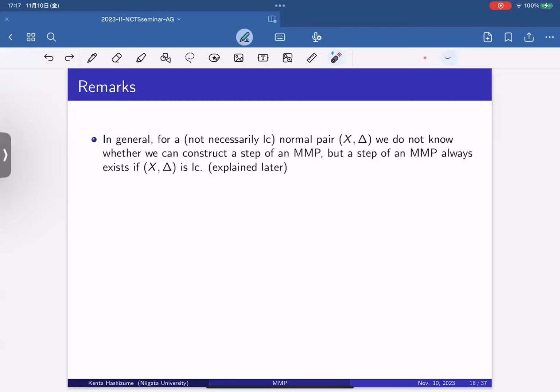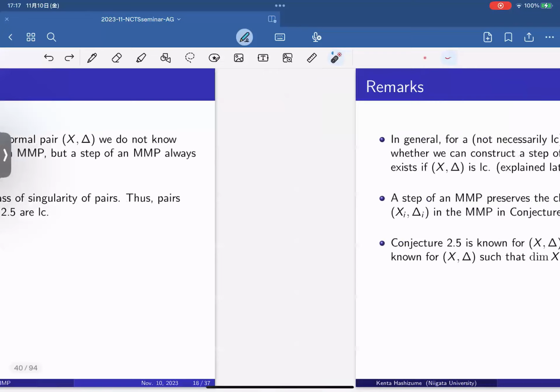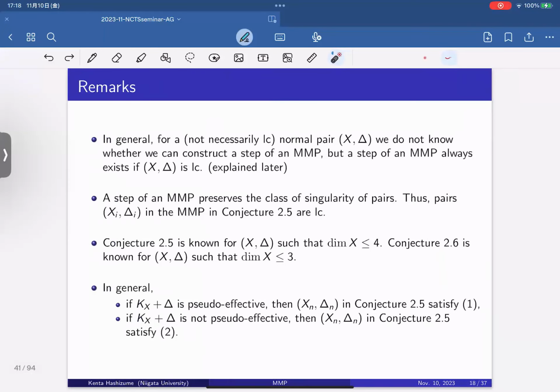Sorry, I have several remarks, but they are relatively not important. But the third remark is about known results. These two conjectures are known in the low dimensional case.